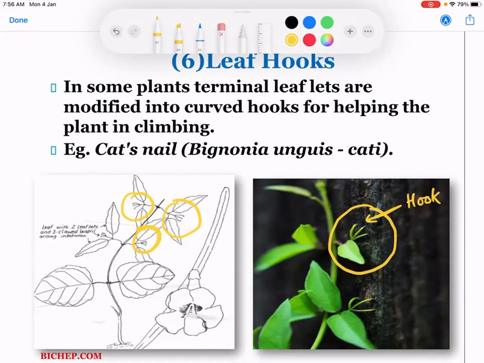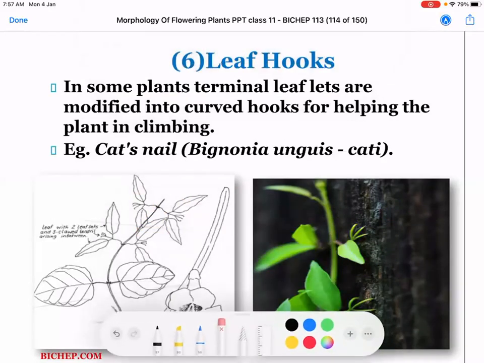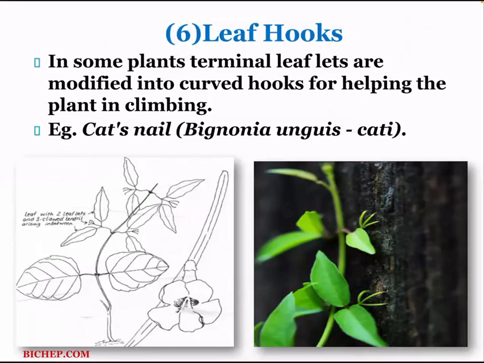They have terminal leaflets which are modified into curved hooks, helping the plant in climbing. Examples are cat's nail, that is bignonia plant. Take the screenshot, please.